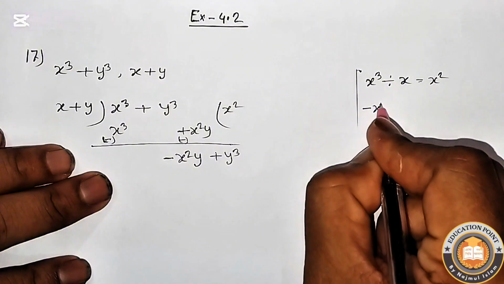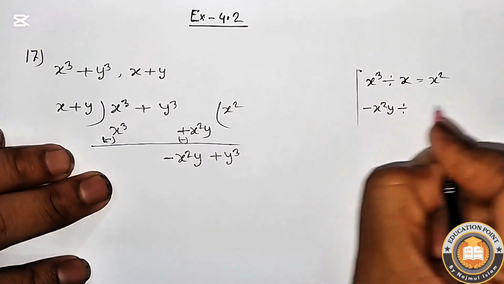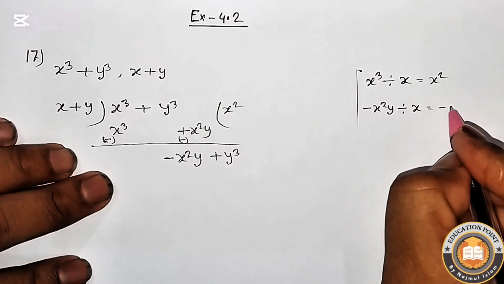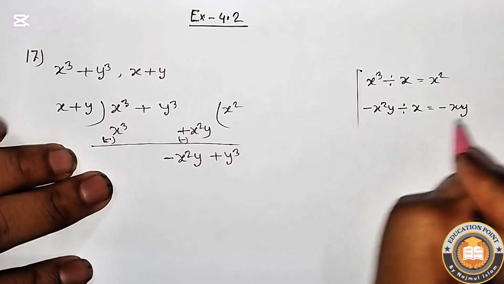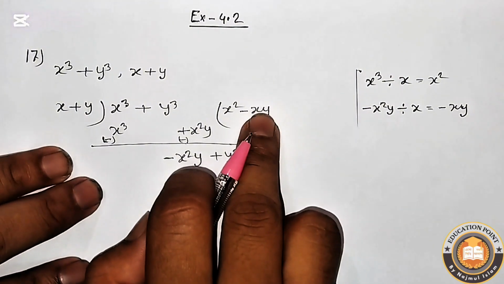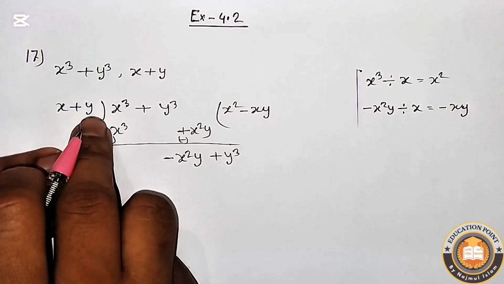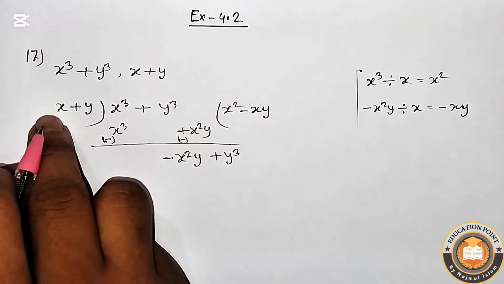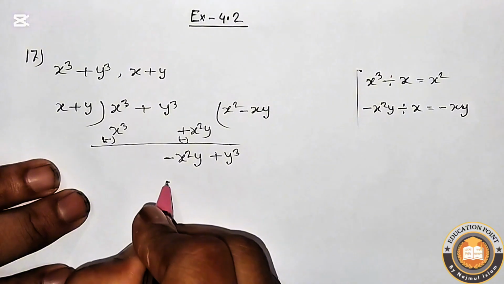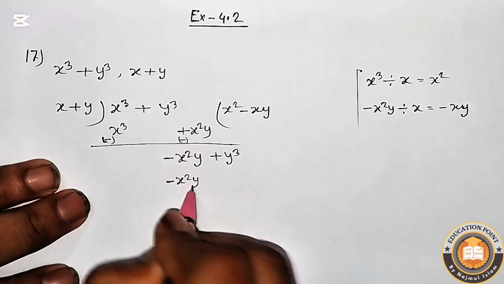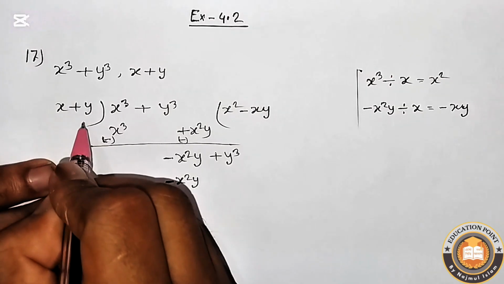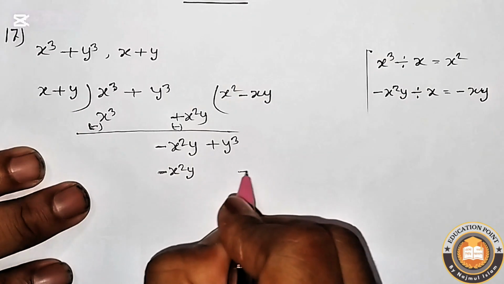Now minus x square y divided by x equals minus xy. Minus xy multiplied with x plus y. At first minus xy multiplied with x equals minus x square y. Then minus xy multiplied with y equals minus xy square.